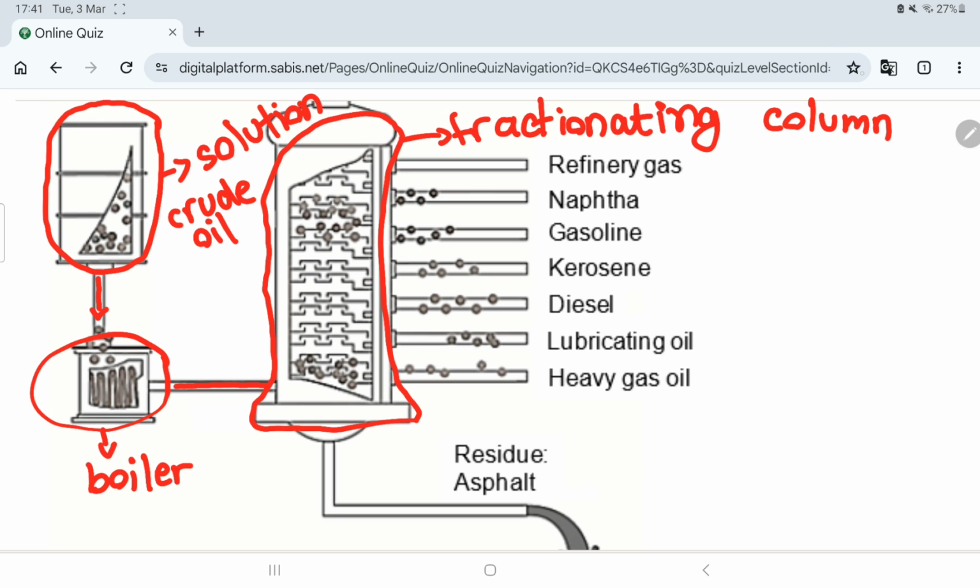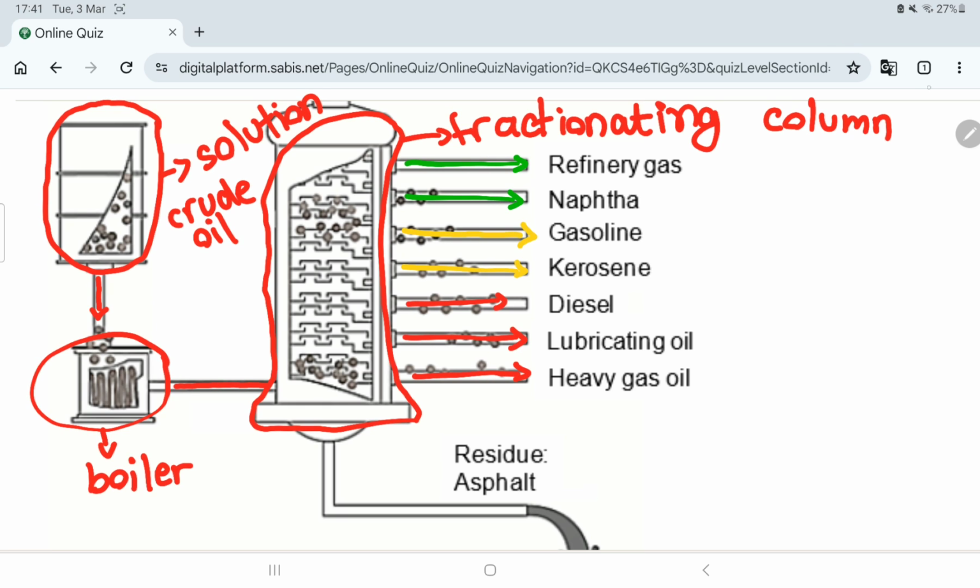And each of these exits, they have their own boiling points. For example, the highest boiling point could go here. The mid boiling point, it's like not so high, not so low. It can go here, while the lowest boiling point exits through here.